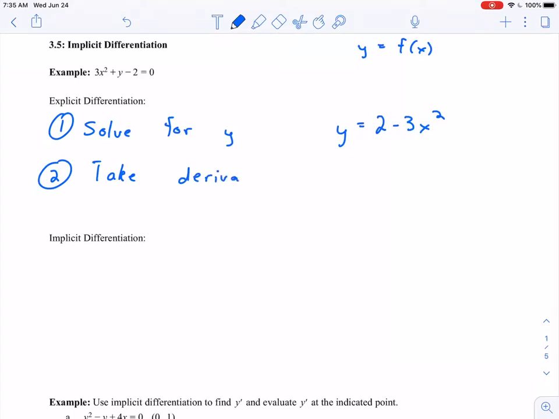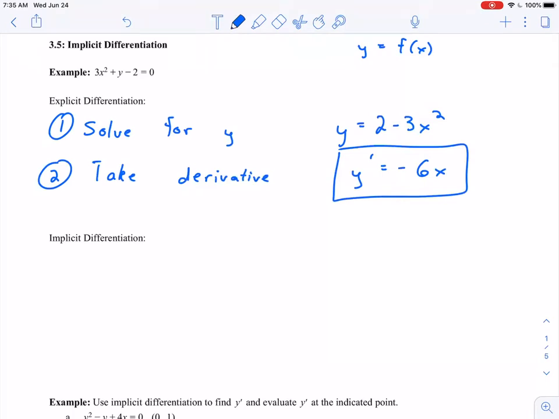So this includes using any sort of derivative rule that we might need. So we might need the product rule or the quotient rule or the chain rule. Here we just need the power rule. Derivative of 2, that's just going to be 0 since it's a constant. Derivative of negative 3x squared, that should be minus 6x. So this is how we've been taking the derivative all along up until this point.